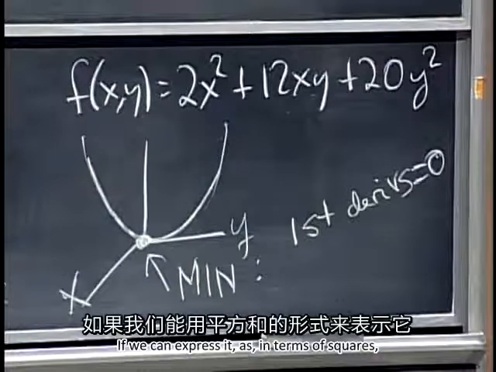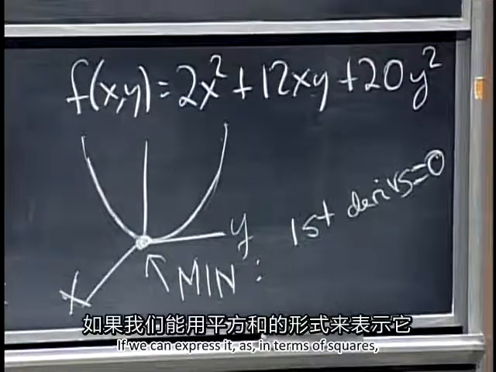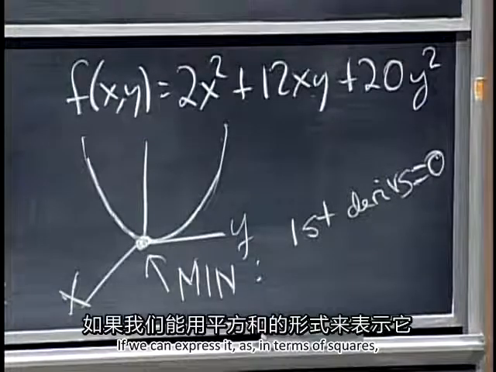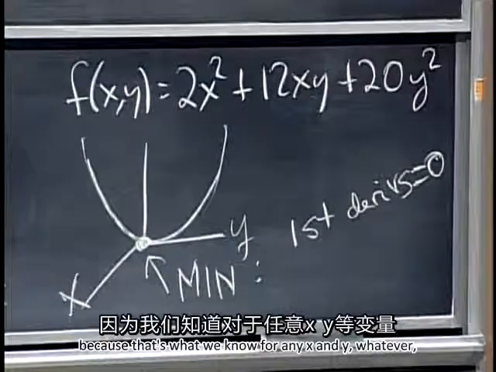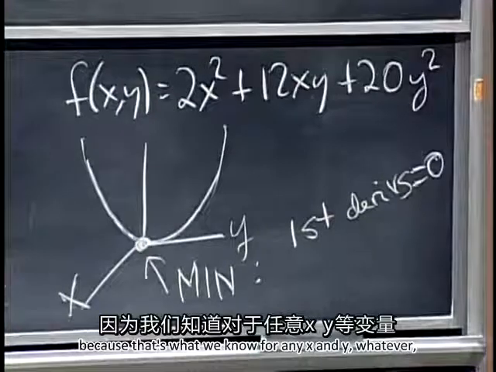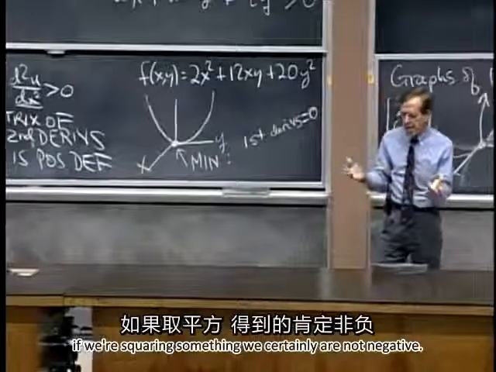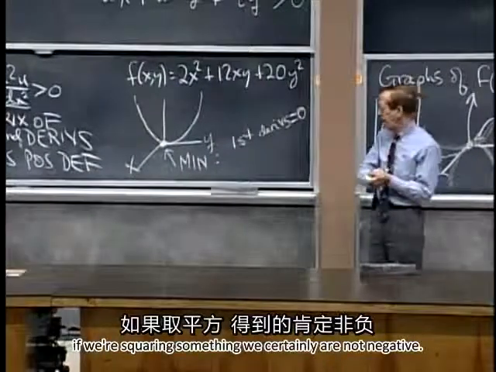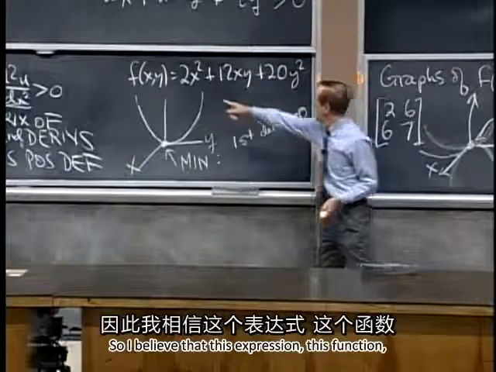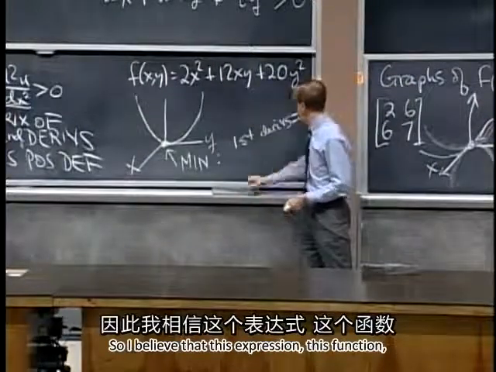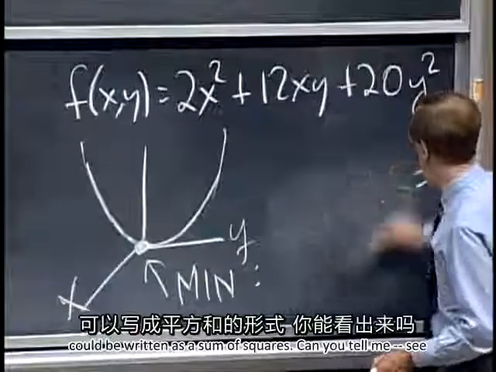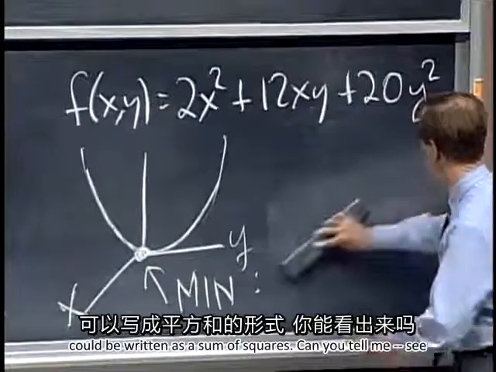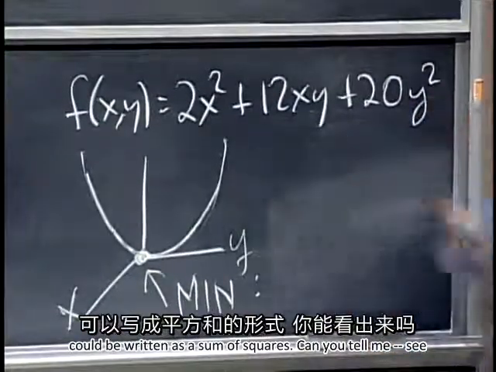If we can express it in terms of squares, because for any x and y, if we're squaring something, we certainly are not negative. So I believe that this function could be written as a sum of squares. Can you tell me?